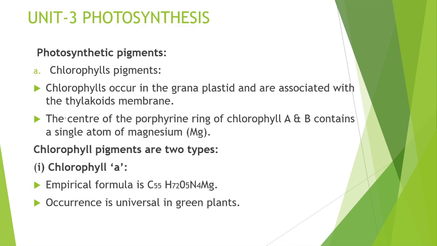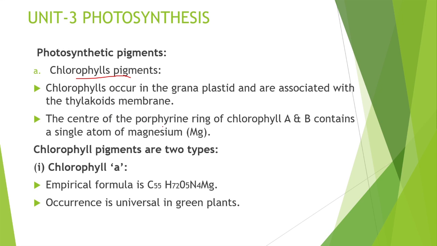Now the next unit is photosynthesis, unit number 3. The photosynthetic pigments are chlorophyll and carotenoid. First is the chlorophyll pigment. Chlorophyll occurs in the grana of plastids and is associated with the thylakoid membrane. The center of the porphyrin ring of chlorophyll A and B contains a single atom of magnesium.